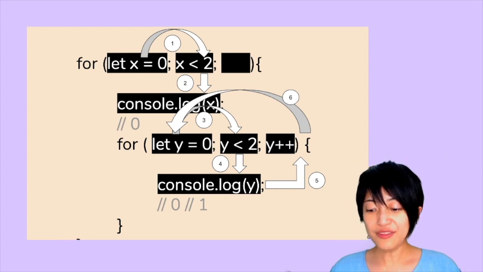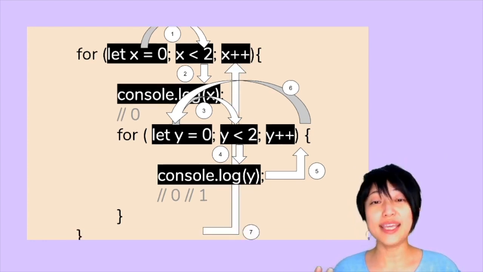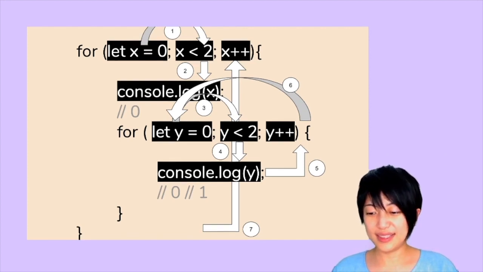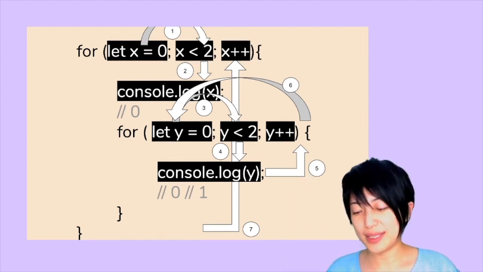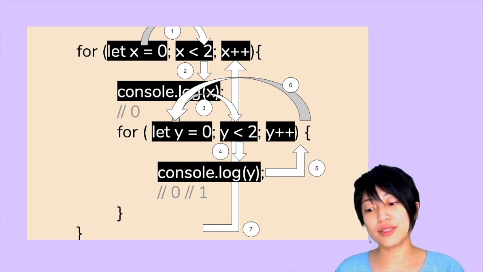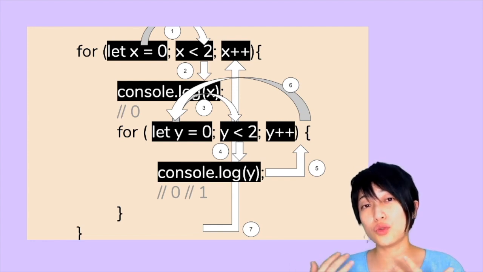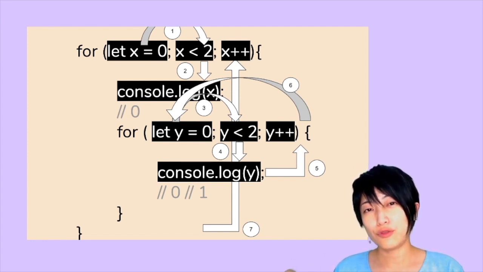And after this step, we get this really dramatic movement. This inner for loop has been satisfied, right? Once let y equals 2, this inner for loop is going to be proven to be false.